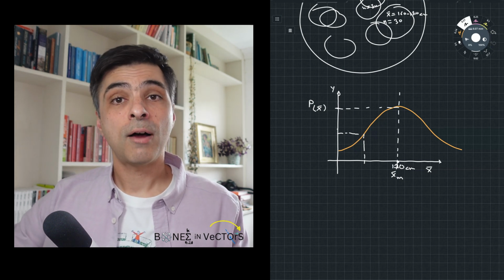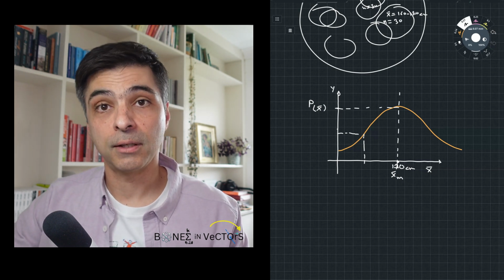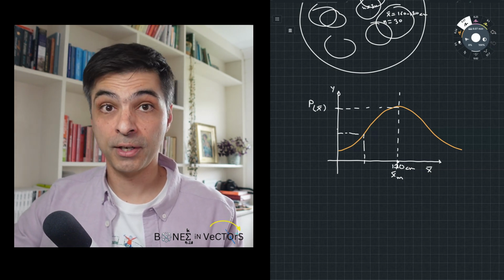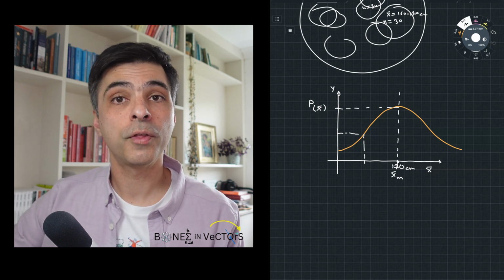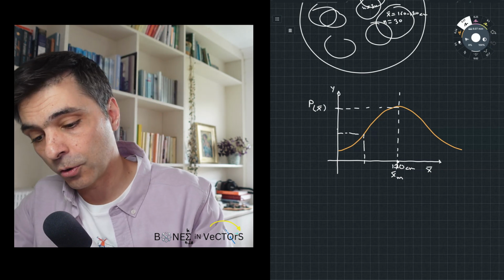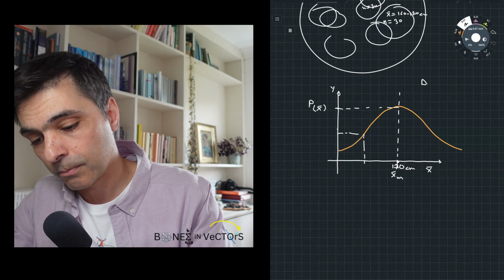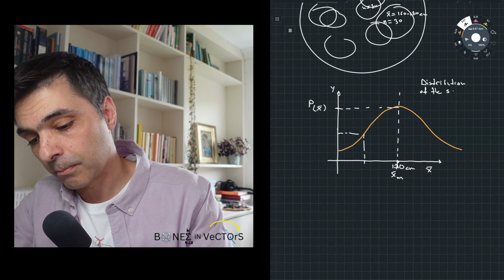So we now have a graph that can tell us the probability of selecting a sample of size 30 with a specific interval of heights. We call this graph the distribution of the sample means.